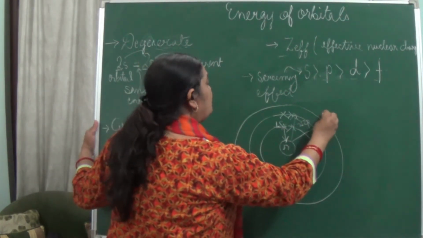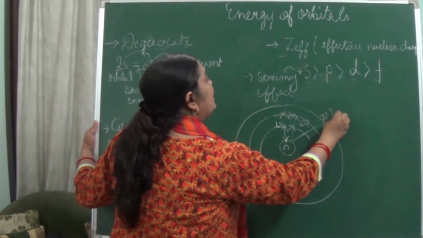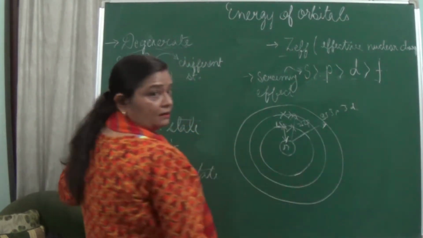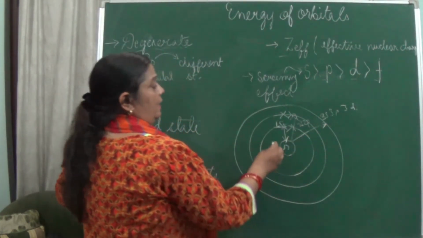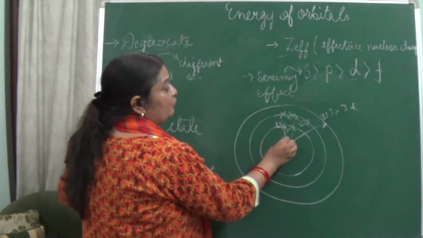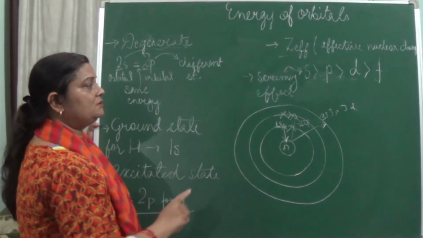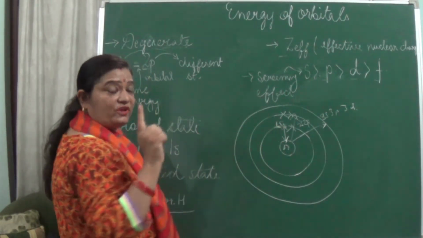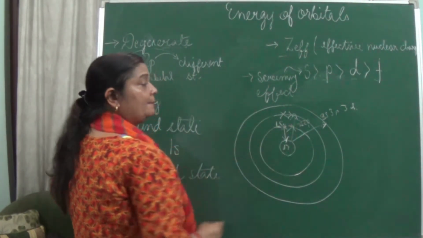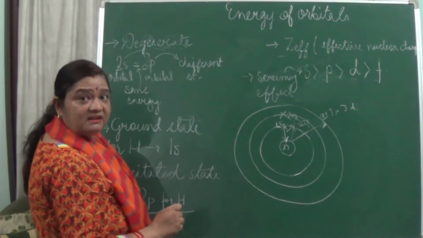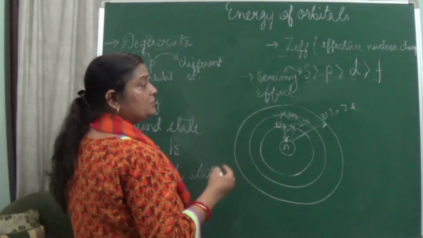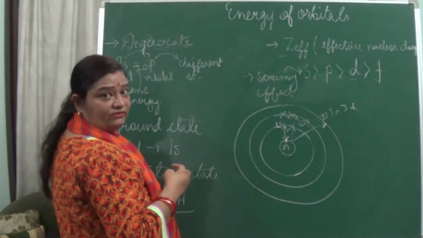The third consists of 3s, 3p and 3d, isn't it? You know the shapes of these subshells also. S is spherical in shape, p is dumbbell in shape, d is double dumbbell in shape. Their shape also plays a great role over here.